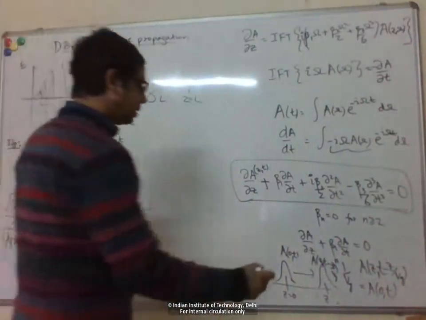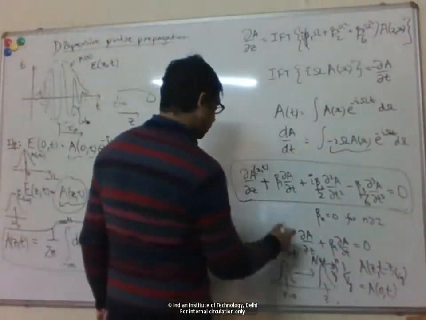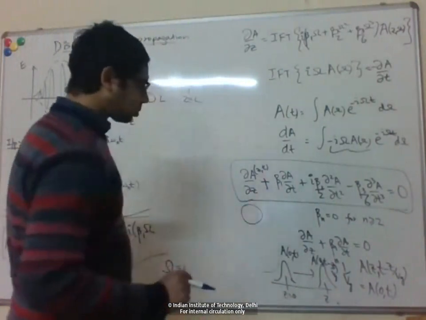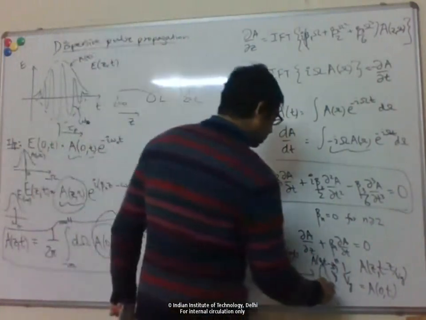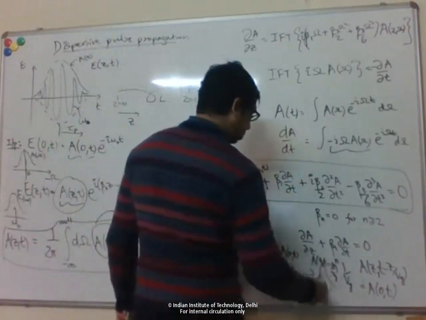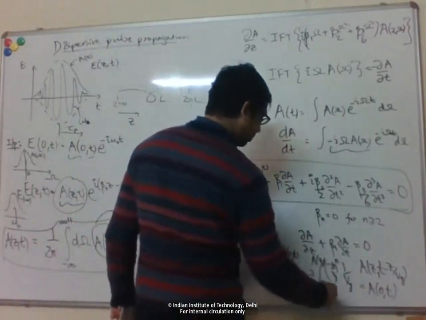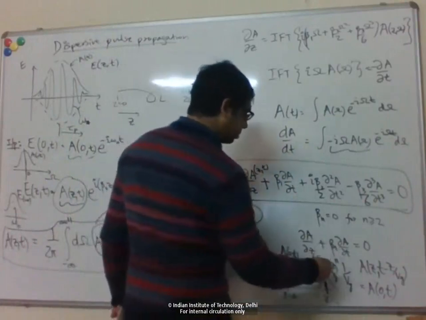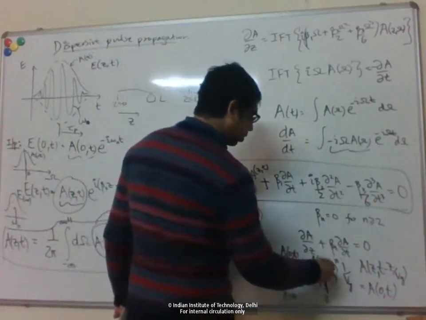So here this t is some universal clock that I'm measuring time with. At some distance z from the input, the pulse arrives after a time z over Vg.